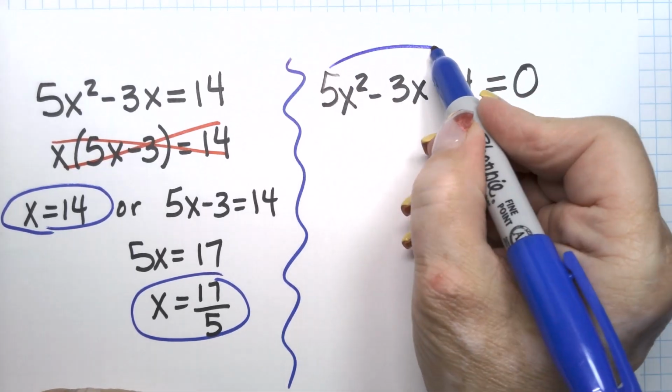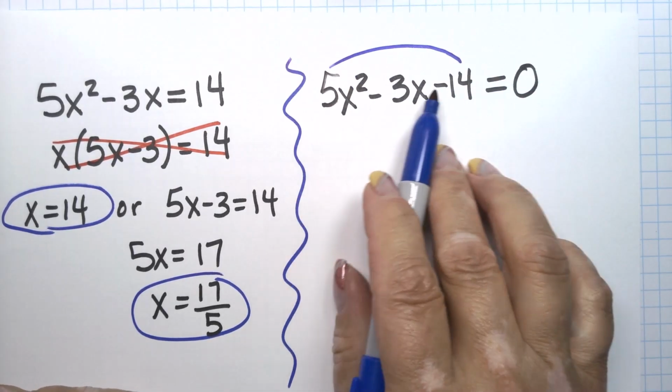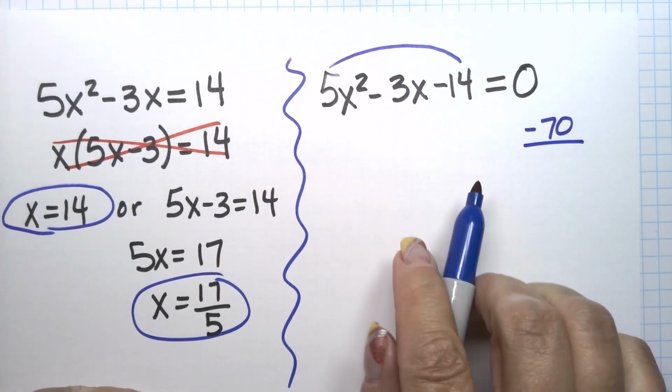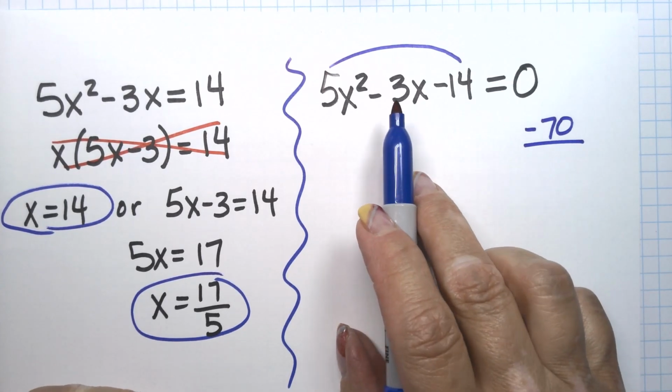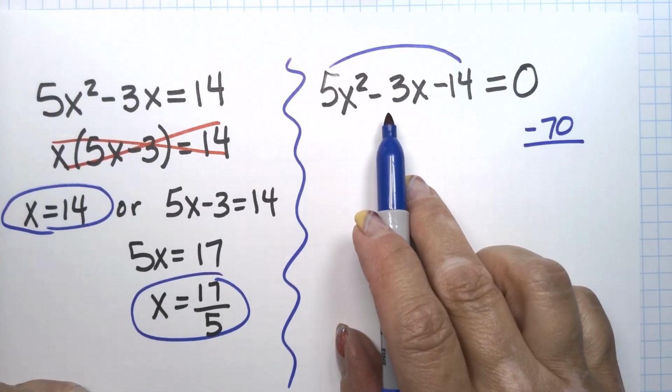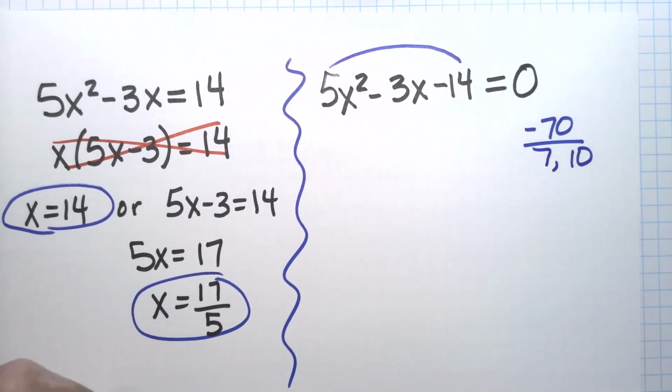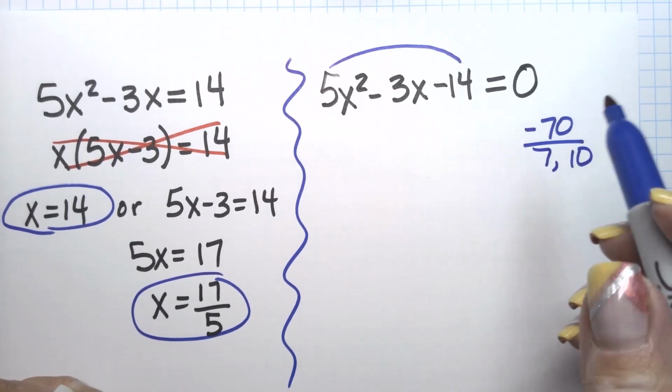So I'm going to multiply those two together, 5 and negative 14, that's negative 70. So I need two numbers that multiply to be negative 70, but when you combine them are going to be a negative 3. 7 and 10, you could run through the list and I'll show you how to do that in that video.